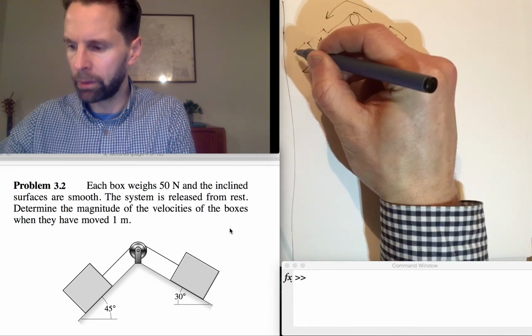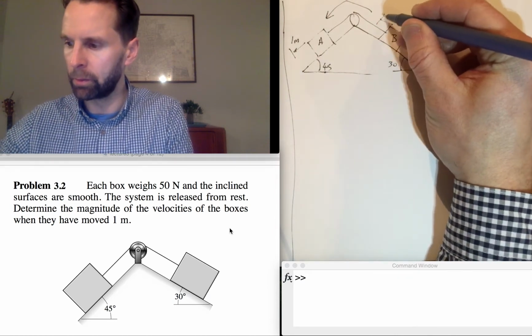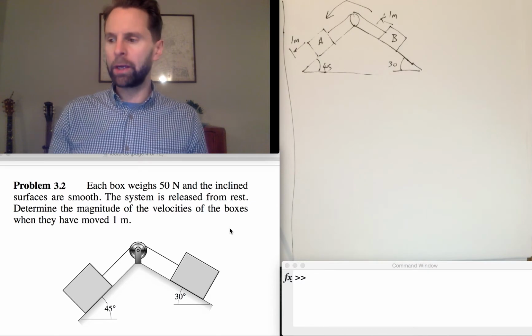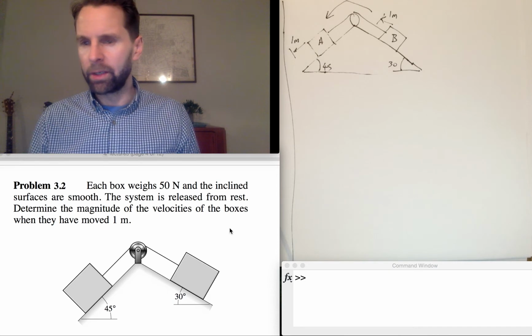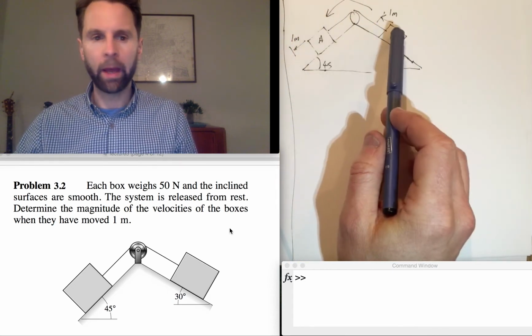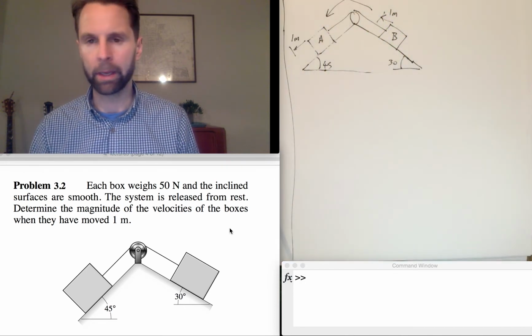Well, this one is going to move a meter downwards, and because they're connected, this will move a meter upwards. So the potential energies of both are changing, and the speed of both will be the same, and because the masses are the same, the kinetic energy of the blocks will be the same.